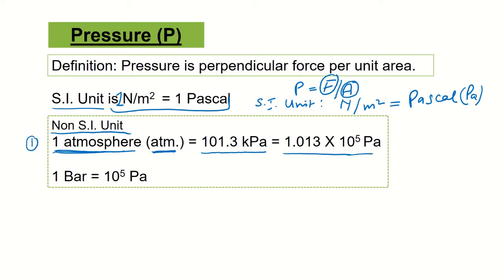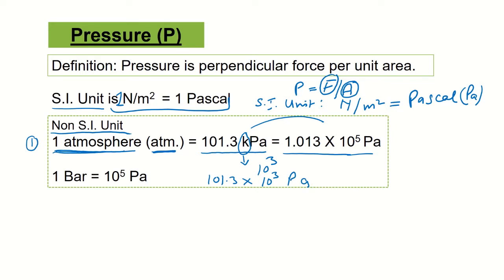What we did here: kilo means 10 to the power 3, so this is 101.3 multiplied by 10 to the power 3 Pascal.